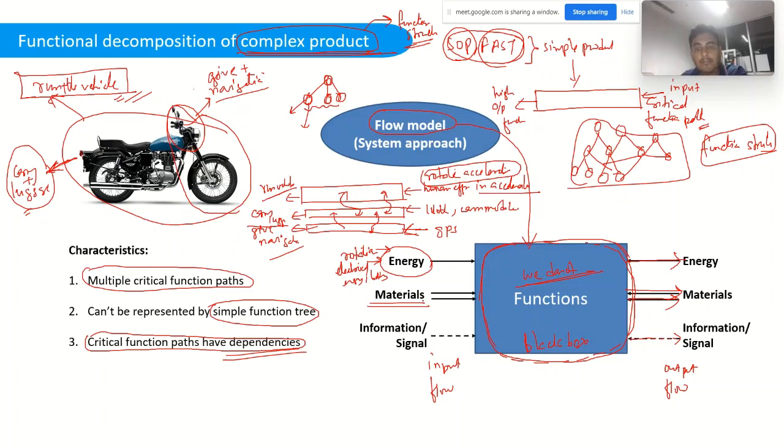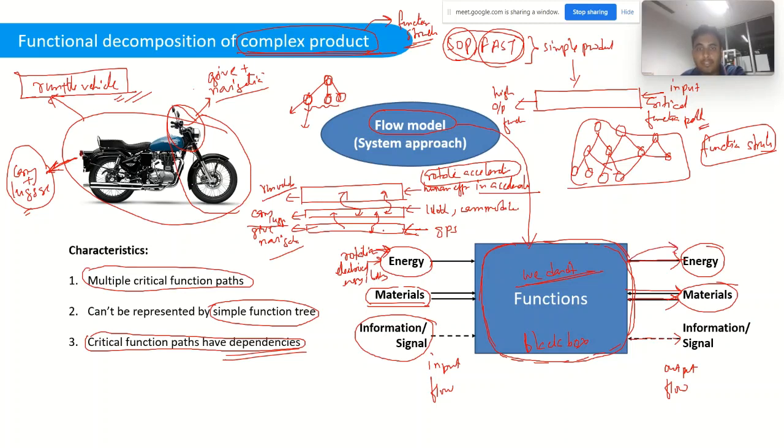Okay, so basically, in a flow model, all sorts of inputs can be classified into three categories: energy, materials, and information. And these are again the outputs of the system. So whenever a particular energy enters as an input, some other form of energy comes out.